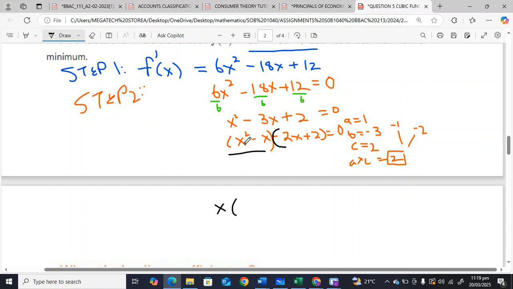Or in a simple way, you can say x squared divided by x, that's how you get x. X divided by x, that is 1. Or your negative x divided by x gives you negative 1.